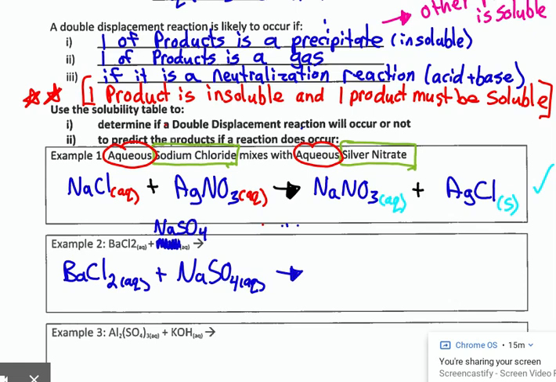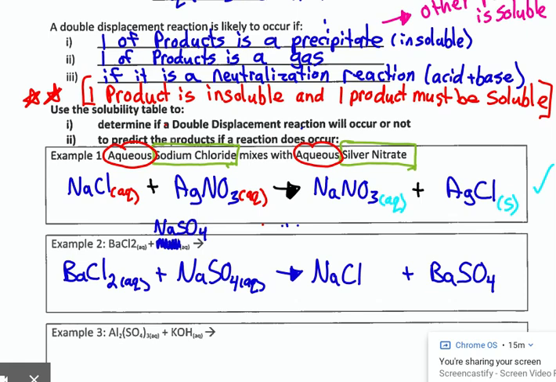Remember, basically our metals are just going to switch partners. So our sodium is going to become a partner with chlorine. And our barium is going to become partners with sulfate. Remember, you have to do the crisscross to get your proper formula. So if we do a crisscross, we're going to get barium sulfate is BaSO4.